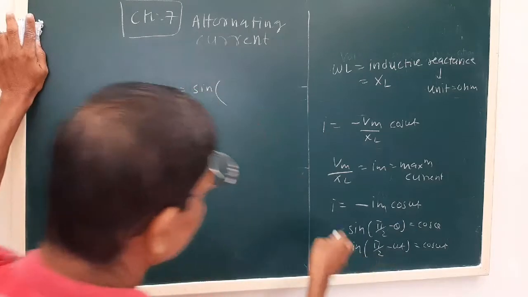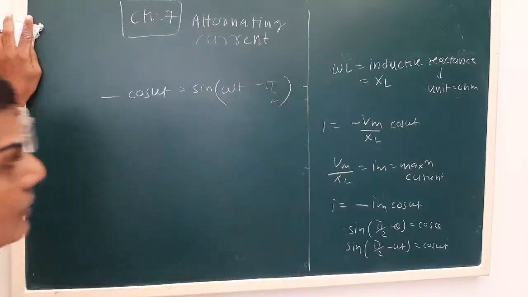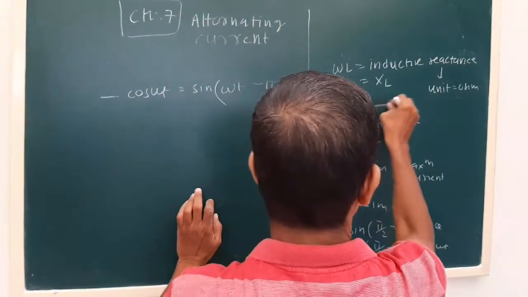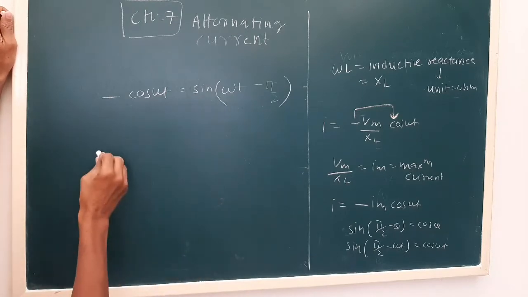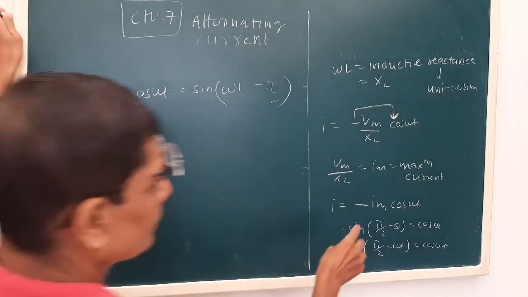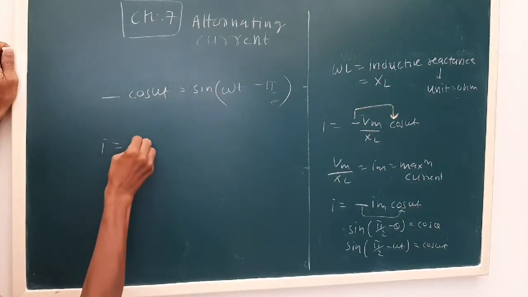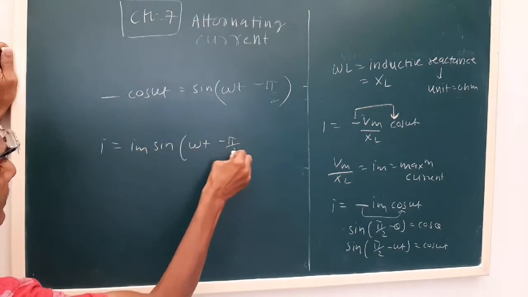This will become omega t minus pi by 2. So now this value of minus cos omega t has become sin of omega t minus pi by 2. So here also you can substitute: I is equal to Im sin omega t minus pi by 2.